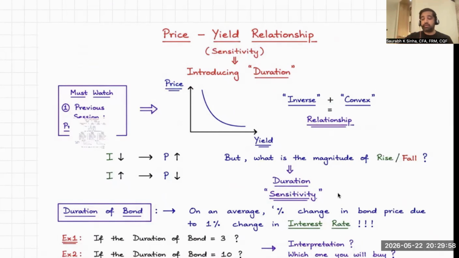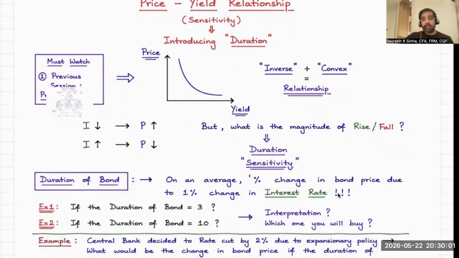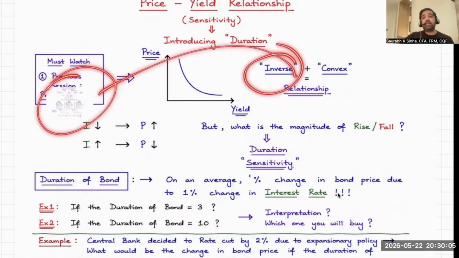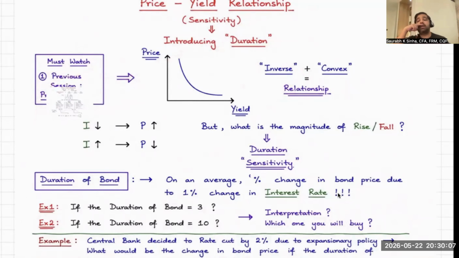The first concept that we discussed in that session is that bond prices and interest rate have an inverse relationship between themselves, which means if interest rate or yield rises, the bond price will fall, and if interest rate falls, the bond prices will rise.